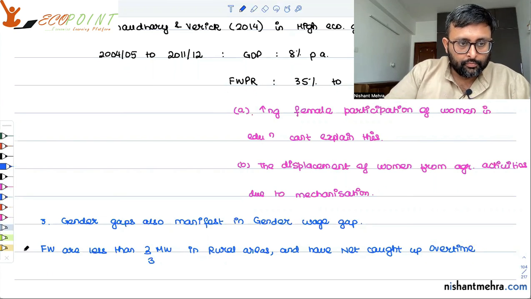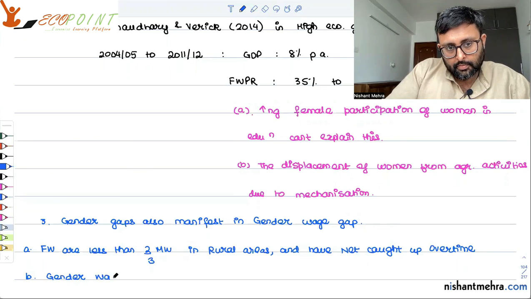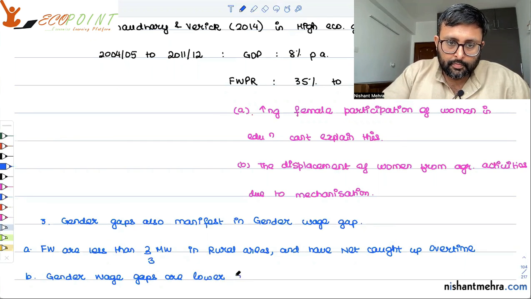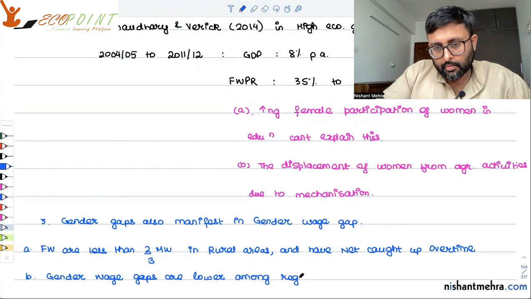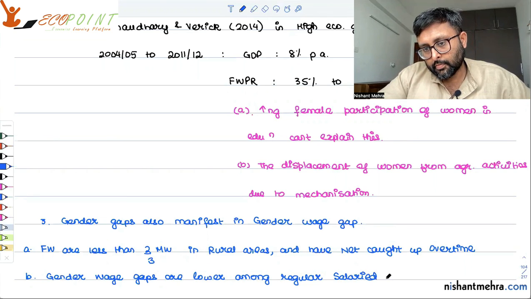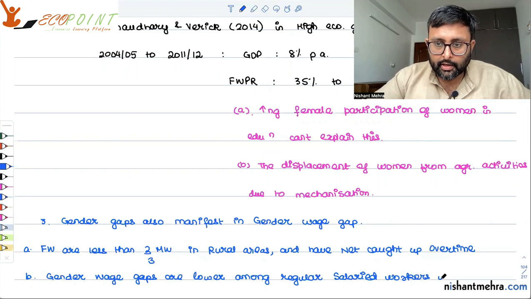Gender wage gaps are lower among regular salaried workers in urban areas.